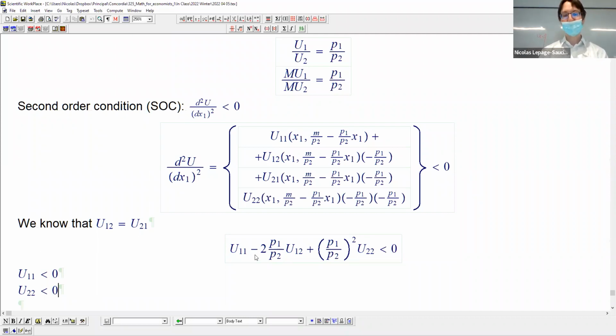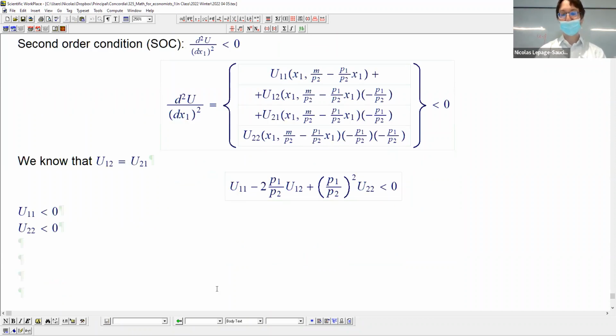But here there's this interesting middle term. There's a minus in front of it, right? So minus U12 or minus U21. To be sure we have a maximum, this has to be positive.